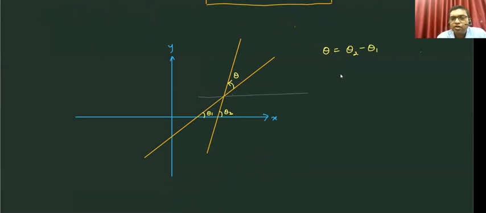All right, so now theta 2 minus theta 1. I need the angle between these two lines. So what is the tangent? If I do tan theta, it will be tan of theta 2 minus theta 1, and there is a result in trigonometry.